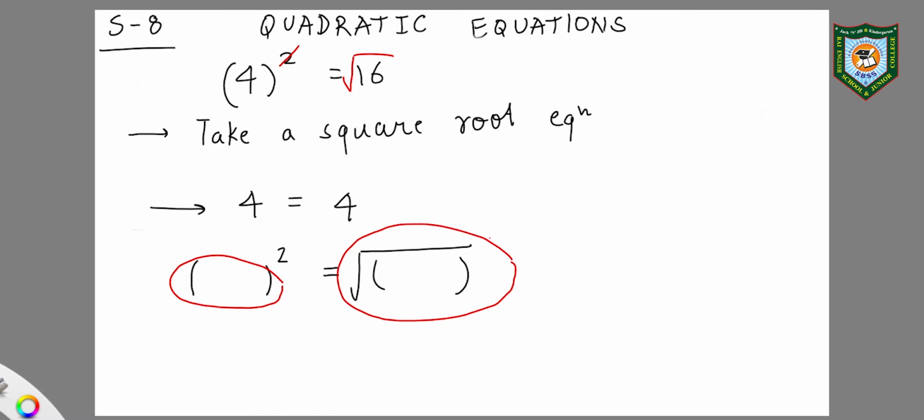Now I'll take a question from our practice set 2.2, which we have already been solving, and we'll see how the solution is still the same. So I have here practice set 2.2 sub question 4. The question is 5m square is equal to 22m plus 15.